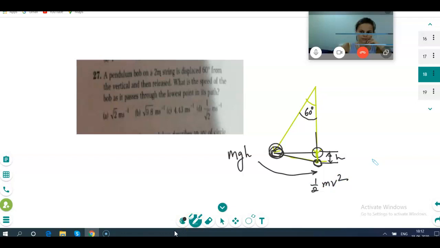Now it is given 60 degree and this length is given 2 meter. Let us say OABC. OB is equal to how much? This is 90 degree. Which formula shall I apply?